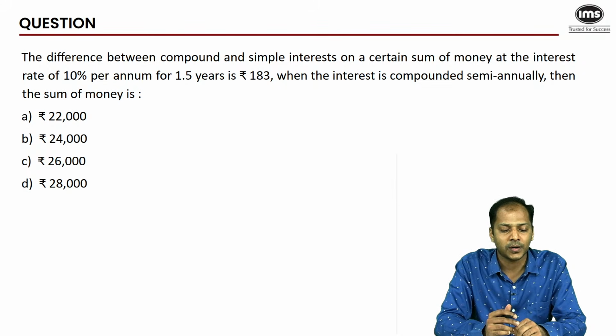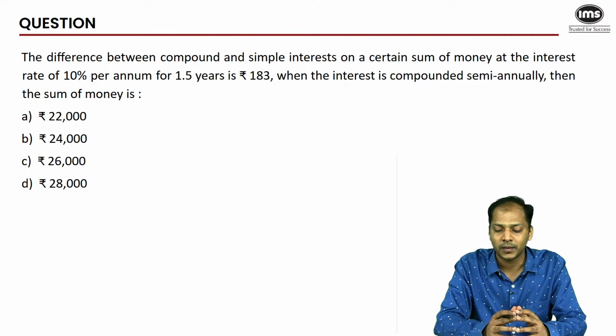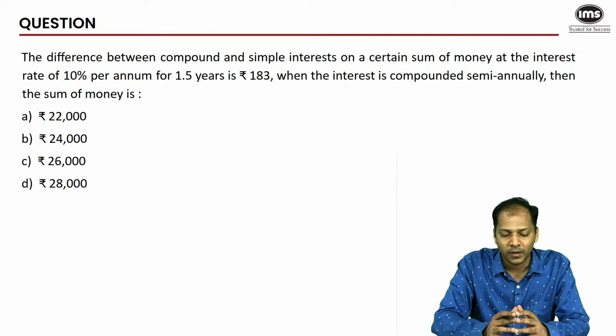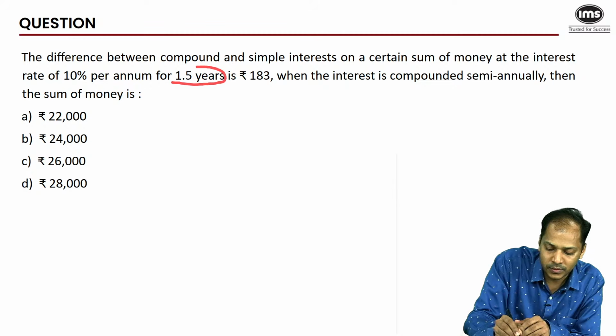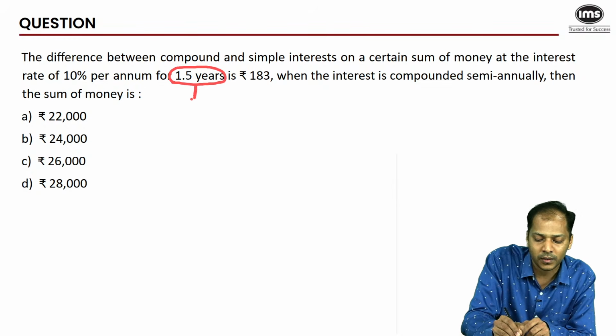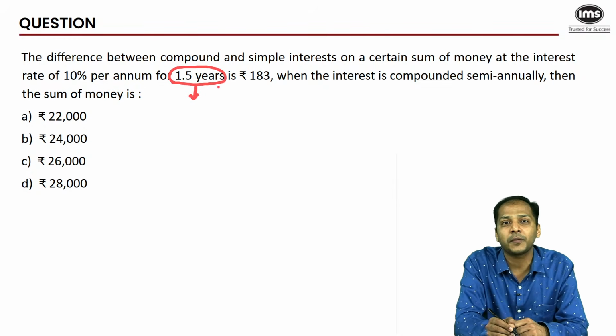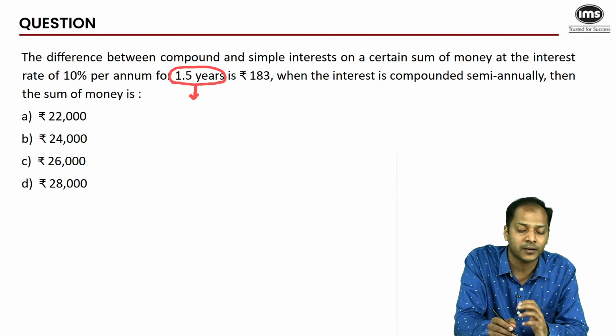Alright, so rate of interest is 10% per annum, and the sum of money would be how much? So the difference between compound interest and simple interest for 3 time periods. So you should know basically 1.5 years. So you will have to use the formula for difference between SI and CI for 3 terms.